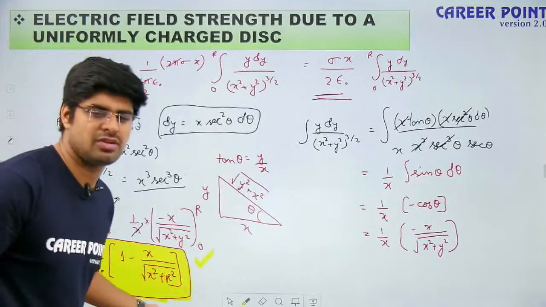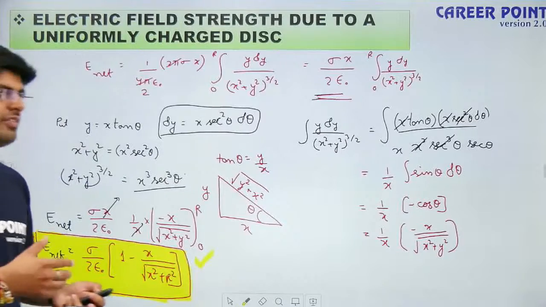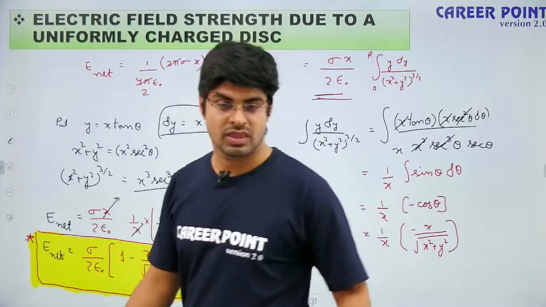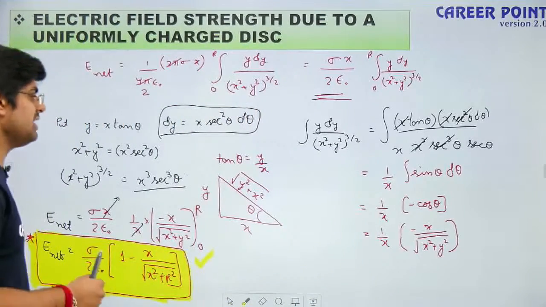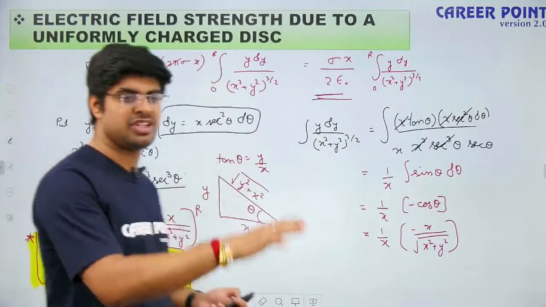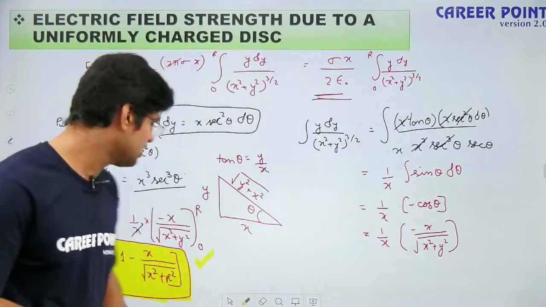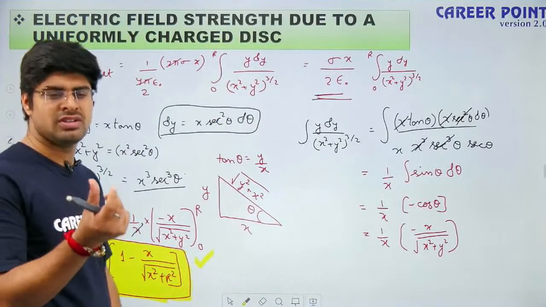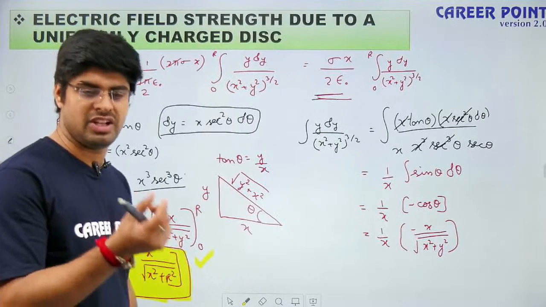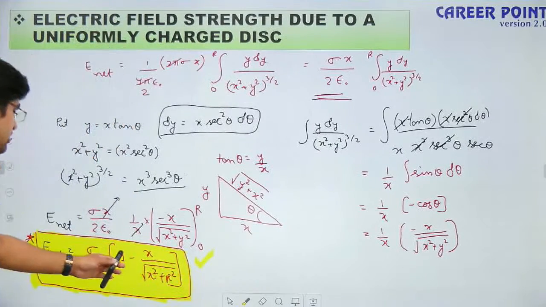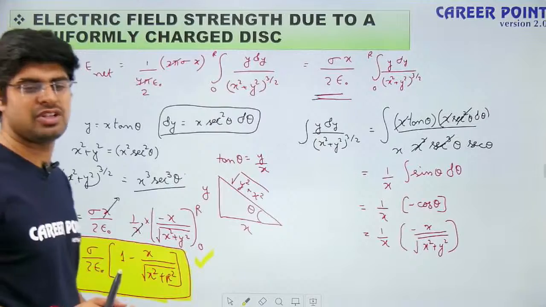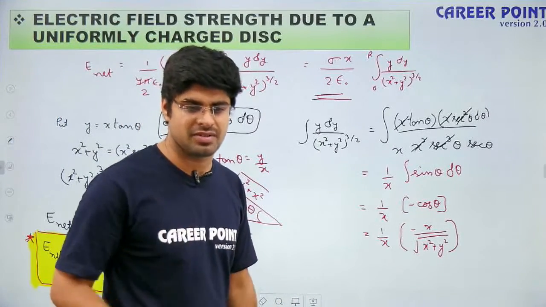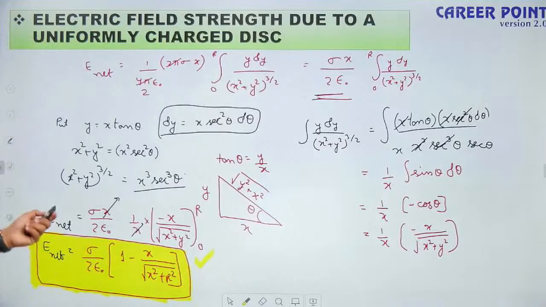Using this formula I can find out the value of electric field due to a very large sheet as well. So due to a very large sheet where charge is uniformly distributed and charge density is given as sigma, we can use this formula again, and we will do a very small, significant but valuable change in this formula, and we will get the value of electric field due to a very large sheet which is having uniform charge density as sigma. Remember this formula, we will use it.